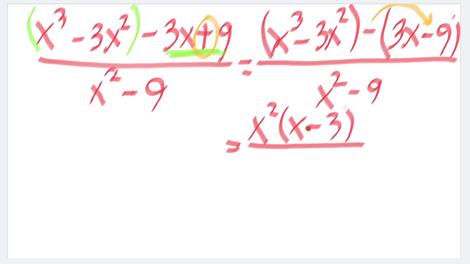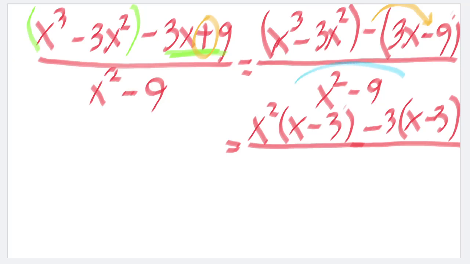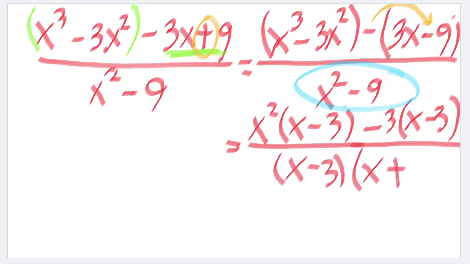So that is x cubed minus 3x squared minus the common factor of this function, which is 3x minus 3, and this one here is a difference of two squares. The factors of that, I know you are quite familiar, are x minus 3 and the conjugate x plus 3.